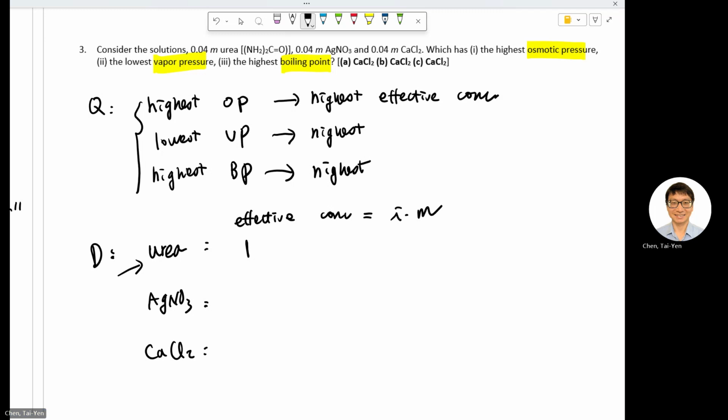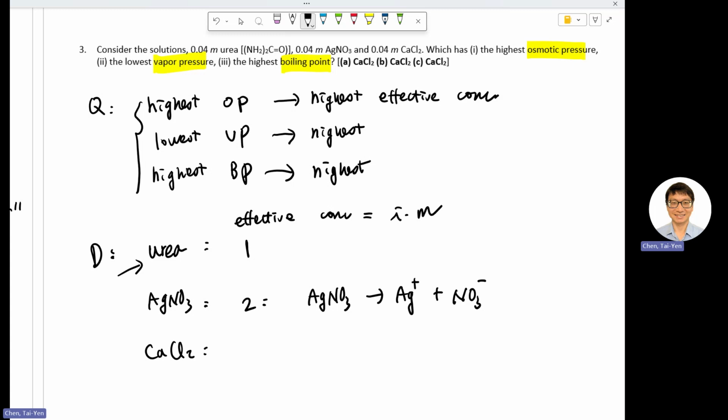AgNO3, 2, right? The reason it's 2 is because you should know some of the polyatomic anions. NO3 minus is something that you need to memorize. Therefore this one will be Ag plus. The reason I write Ag plus here is because the left-hand side of the arrow is neutral, there's no charges, the overall net charge is 0.